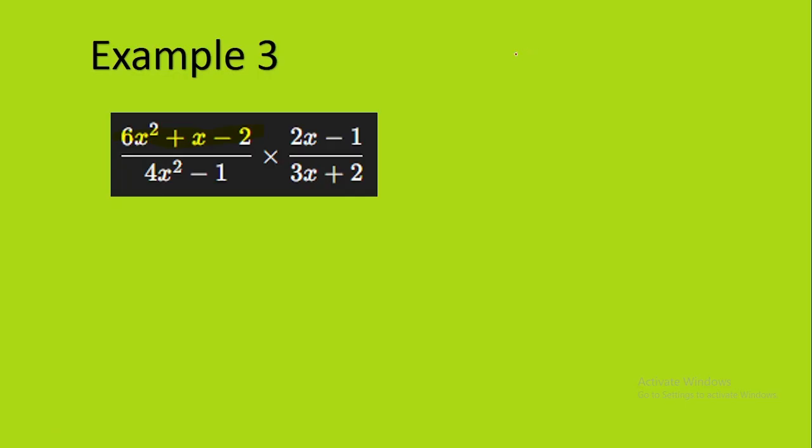So if we're using the AC method, then our AC would be equal to 6 times, so this is A, this is B, this is C. Our A is 6, our C is negative 2, so 6 times negative 2 will be equal to negative 12.